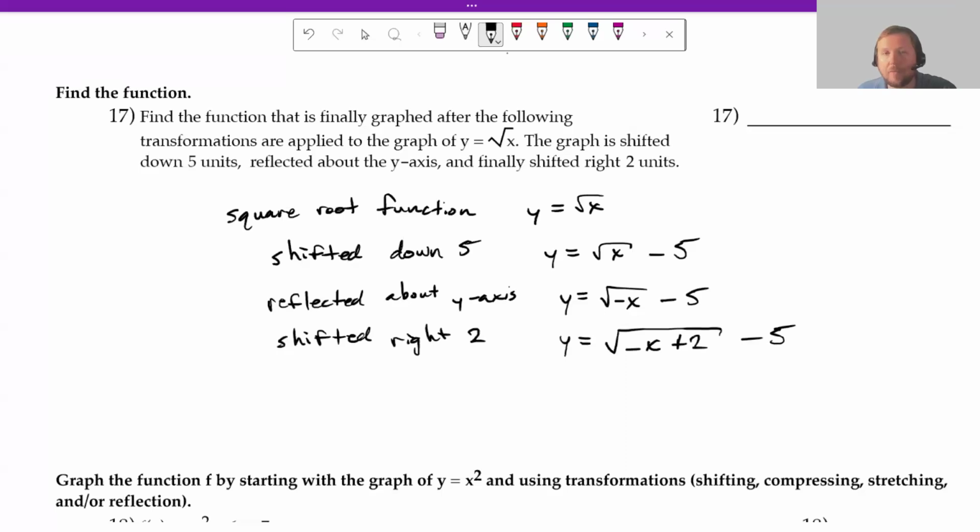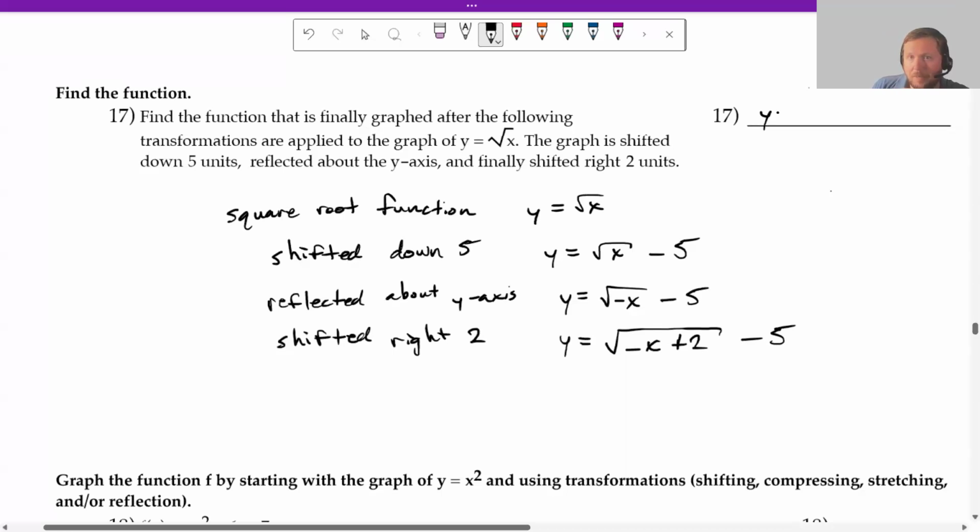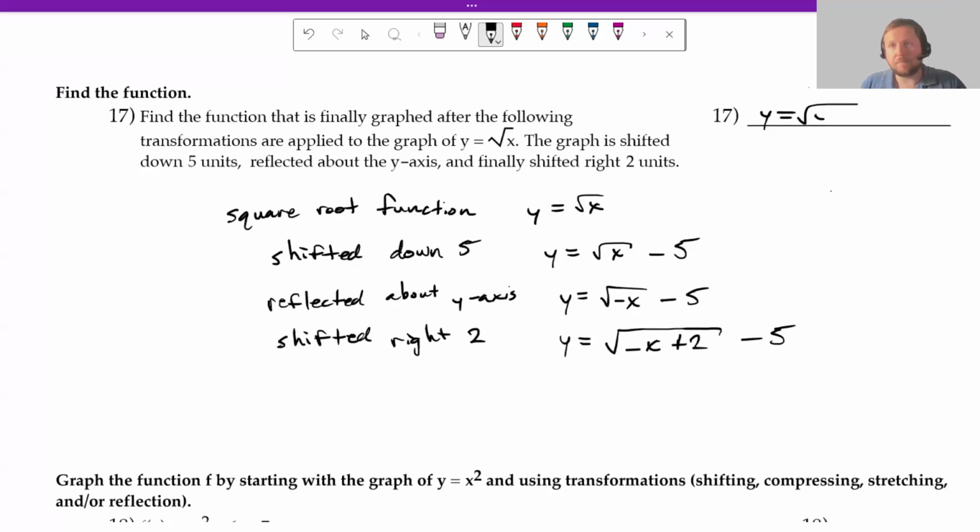So how do we justify that? How do we make that make sense? Because this is the final answer, but I'm not going to just stop there and move on. I'm going to give you just a little bit more explanation once I write it down, or once it lets me.